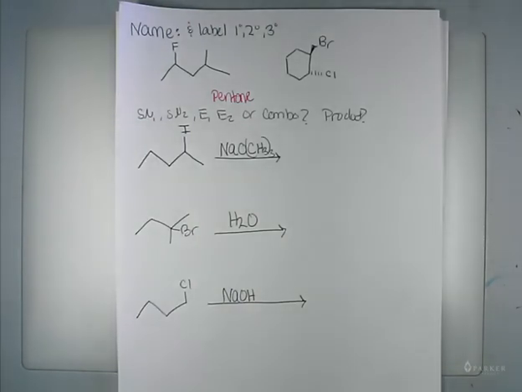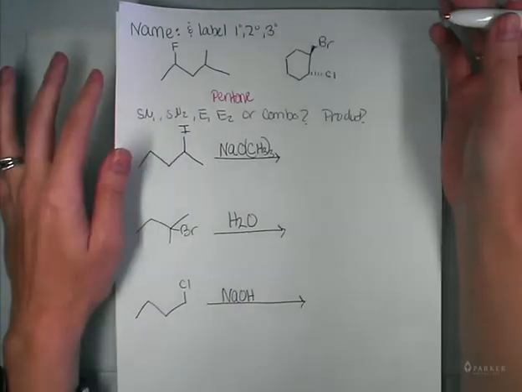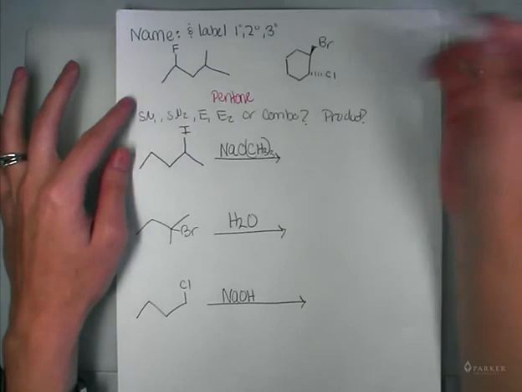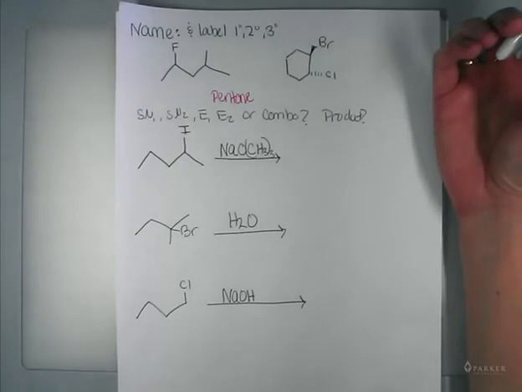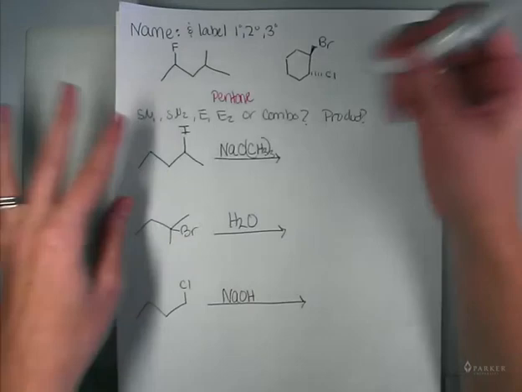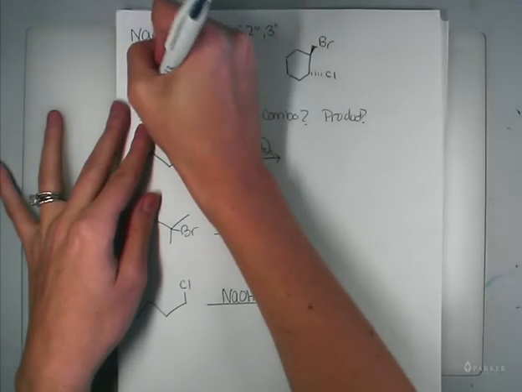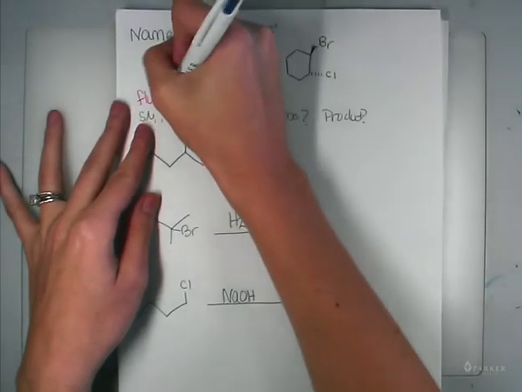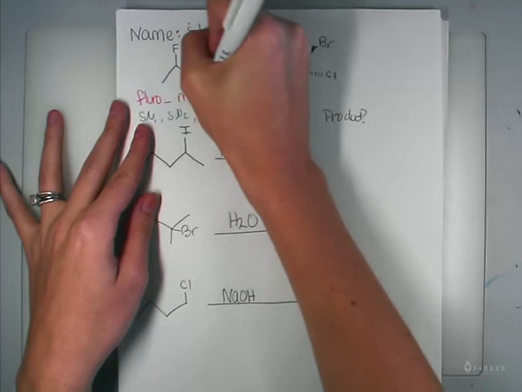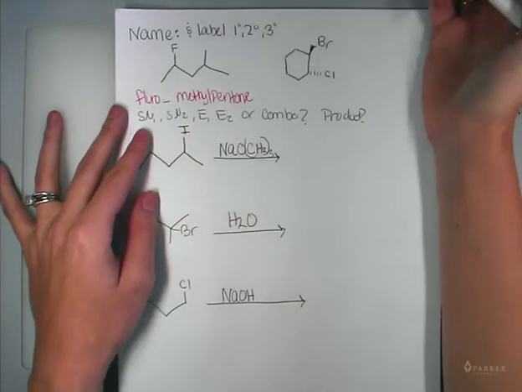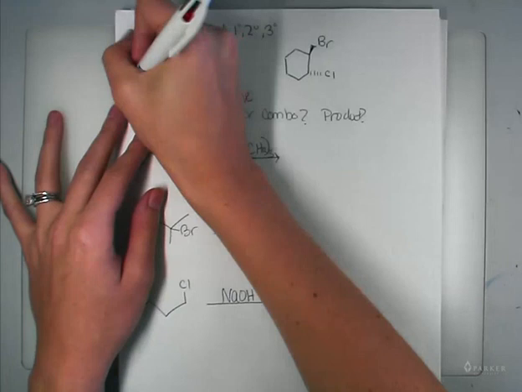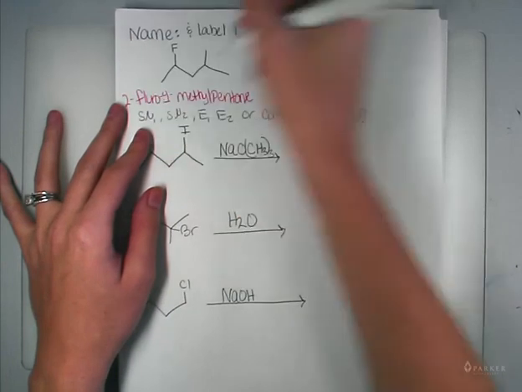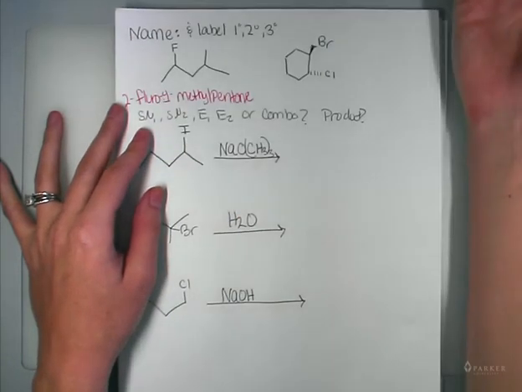Okay, and how do I name F? Fluoro, and then methyl. Which one comes first? Fluoro. And how do I number those? 2 fluoro, 4 methyl. Why not the other way?